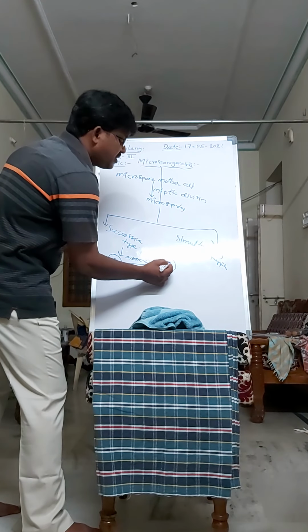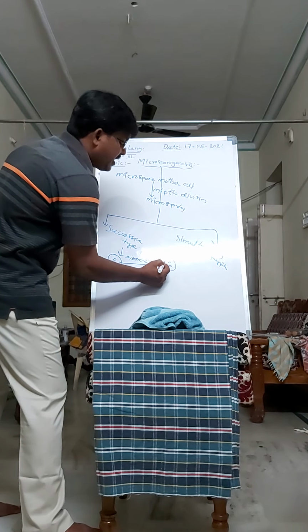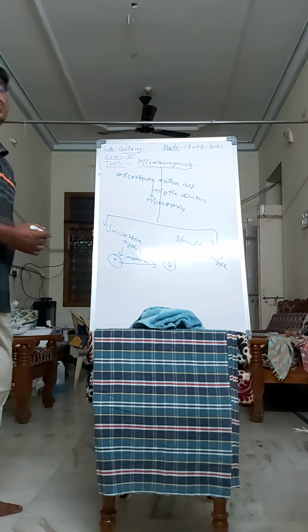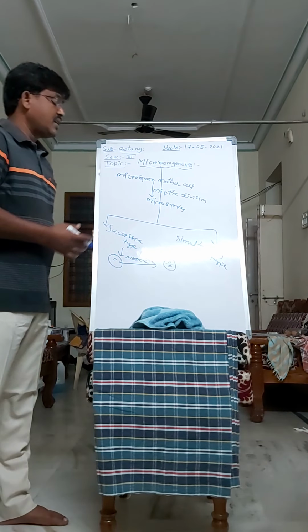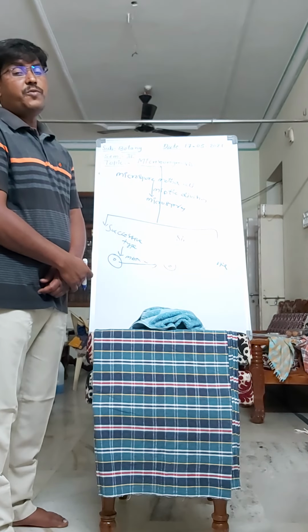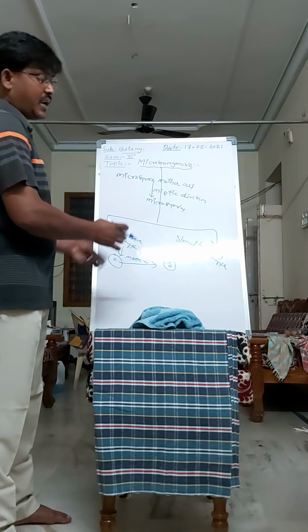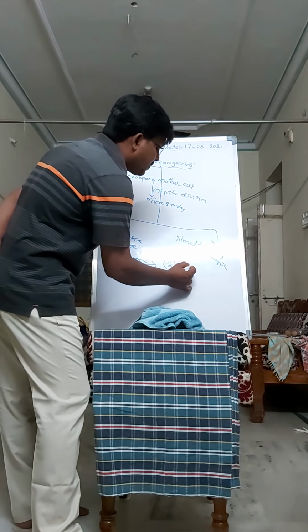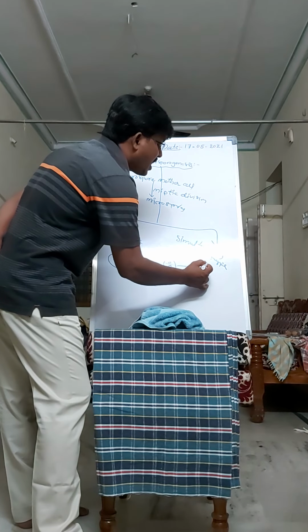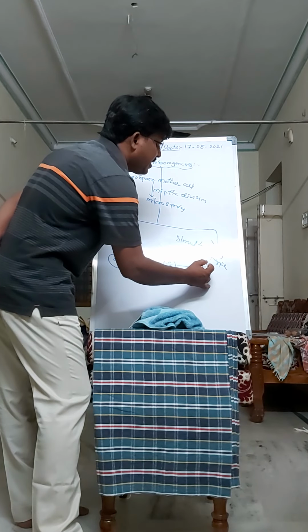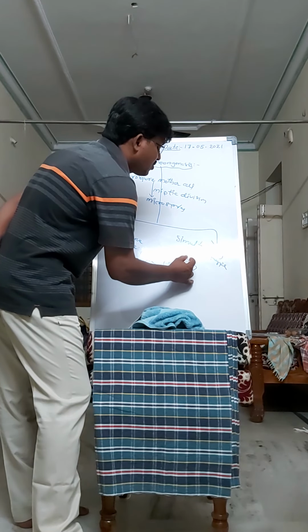After the formation of these two daughter nuclei, a cell wall is immediately formed between them, so they are separated. In the second step, these two daughter nuclei again divide in meiotic division two.